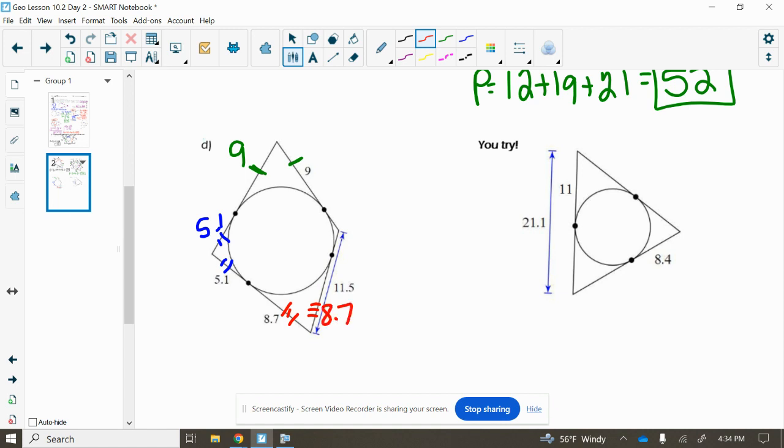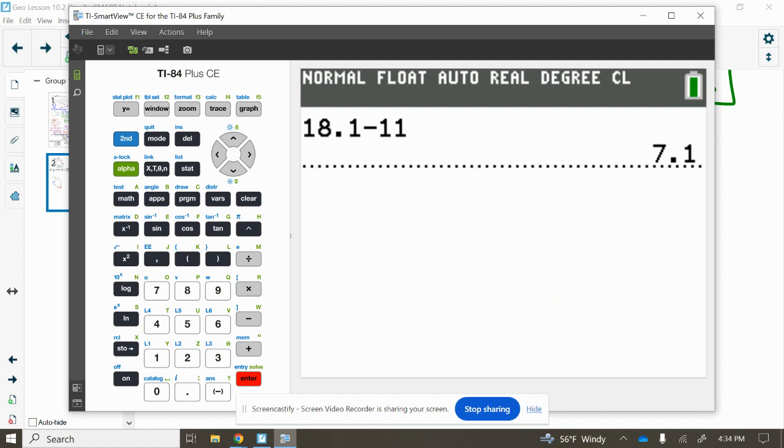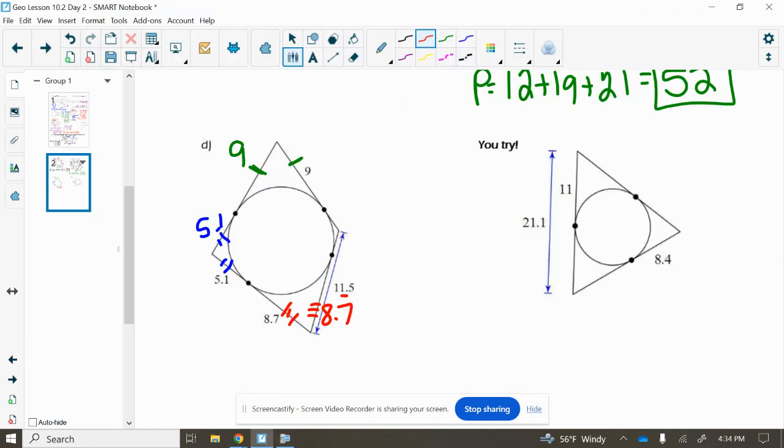So we know then if we have that this whole side here is 11.5, if we subtract 11.5 minus that 8.7, we would have a remaining little bit here of 2.8, which means this other side here is also 2.8.